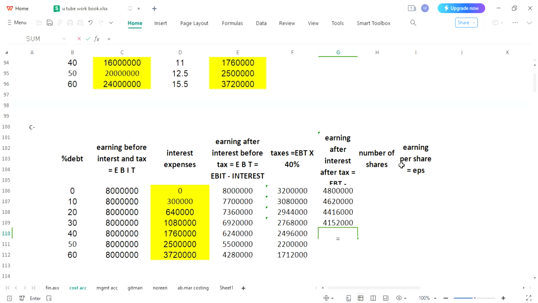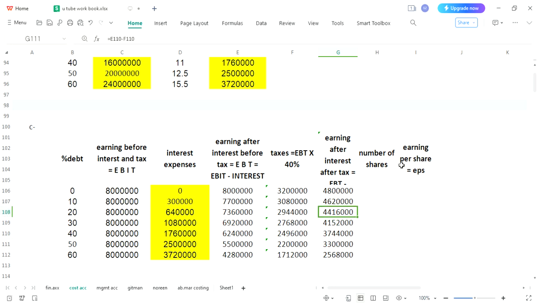Next, earning before tax minus tax, we have got earning after tax, and same you are doing for second last, and for last, earning before tax subtract amount of tax, you have got 25 lakh 68,000. This is your earning after interest and after tax.